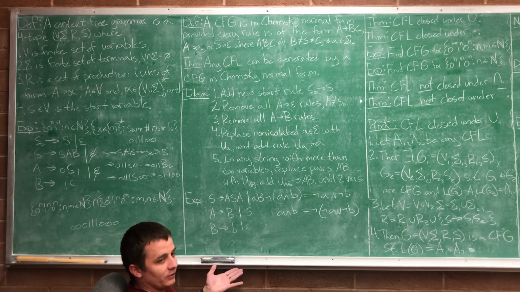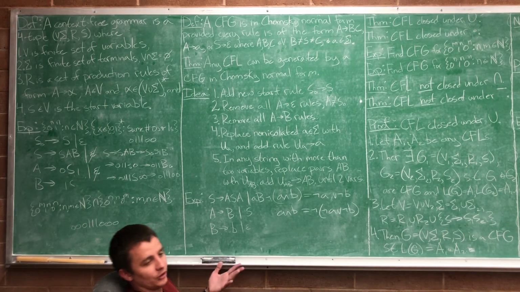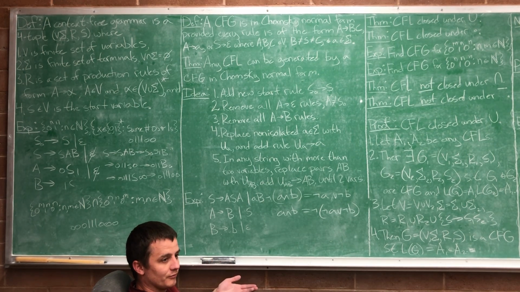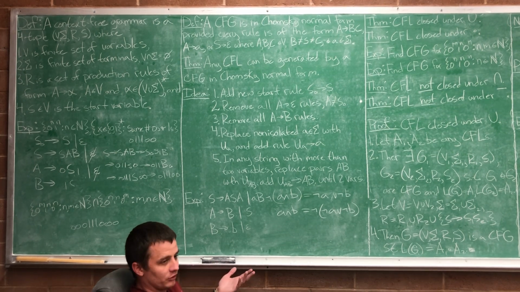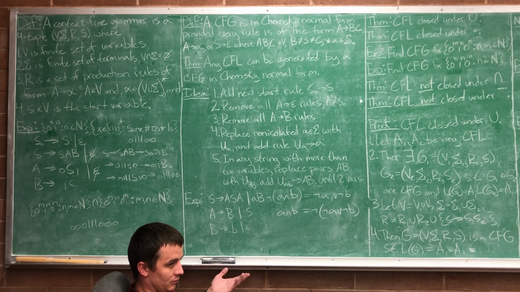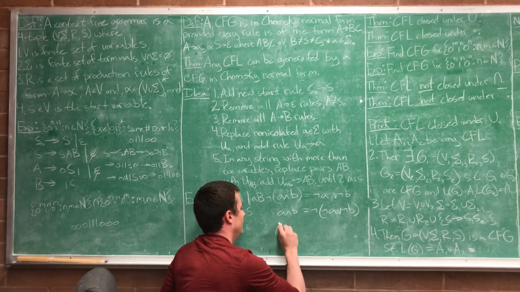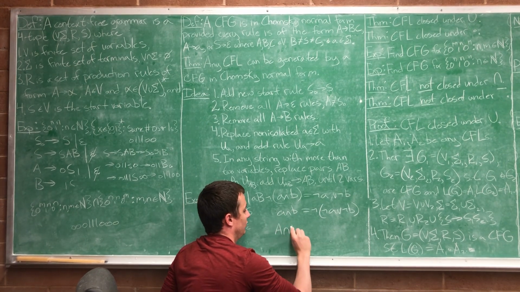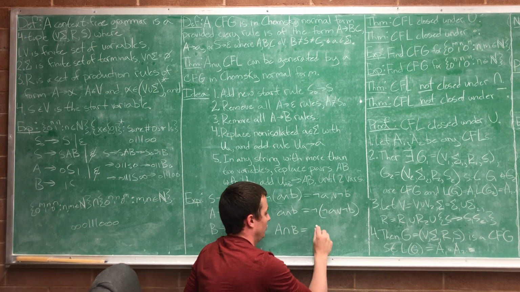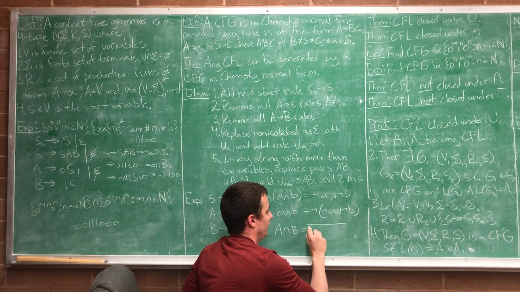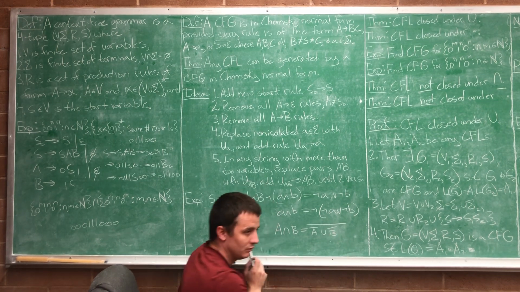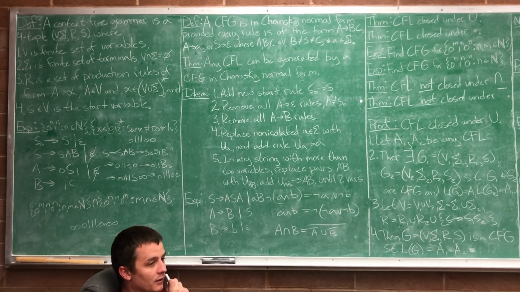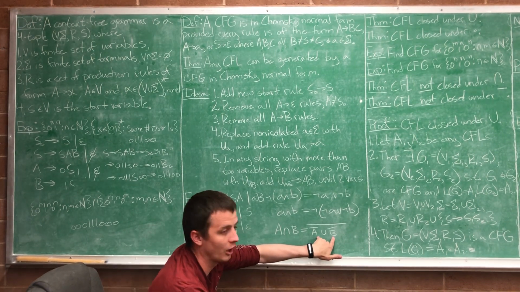Now when you're talking about sets, ands are the same thing as intersections, ors are the same thing as unions, and nots are the same thing as complements. So the set A intersect B is equal to the complement of (the complement of A union the complement of B).